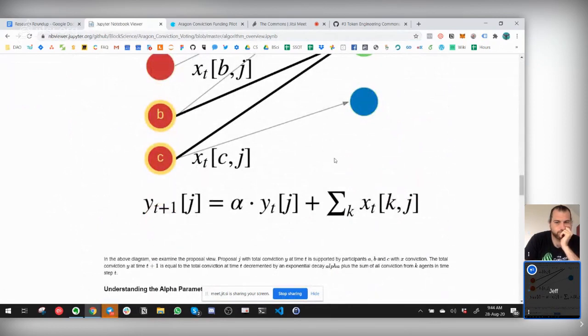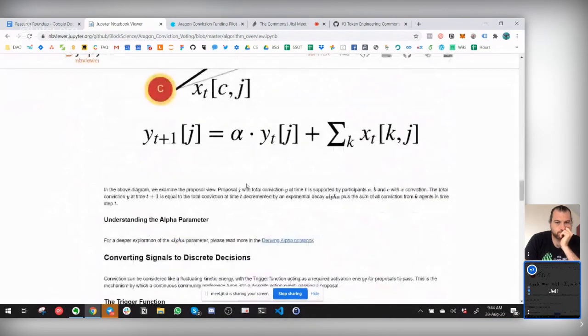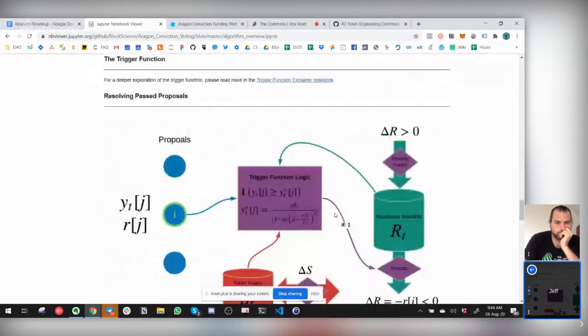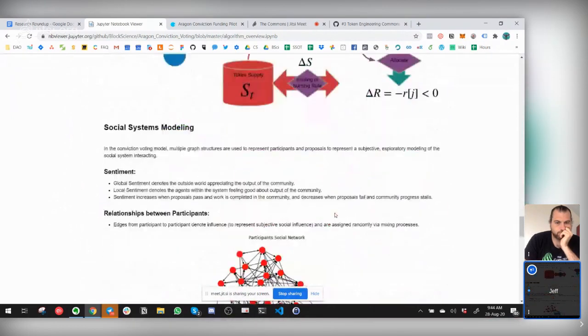How do we ensure that, when we use these systems at scale, or with multiple different components piled on top, for example, conviction voting plus quadratic voting plus an augmented bonding curve, we can be sure that these modules have stability, and the stability is derived by these mathematical invariants. And you can see there's also a run through in English of what these things mean, because not everybody sees and reads the world in math.